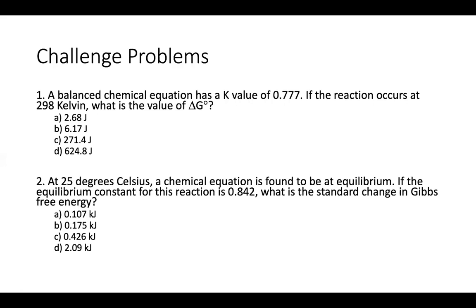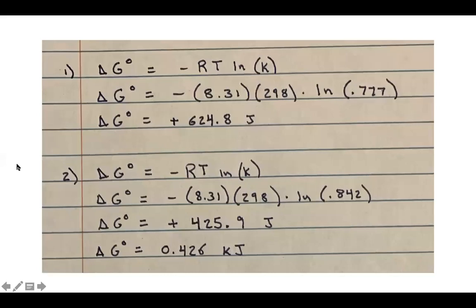Okay, and you were told that the reaction for each was run at 25 degrees Celsius, which is 298 Kelvin. And you were also given the equilibrium constant K. So again, problems 1 and 2 you would have solved in the exact same way. The only difference is the value of your equilibrium constant.